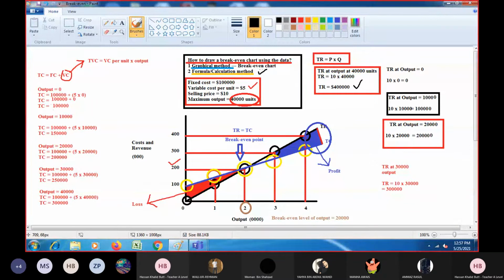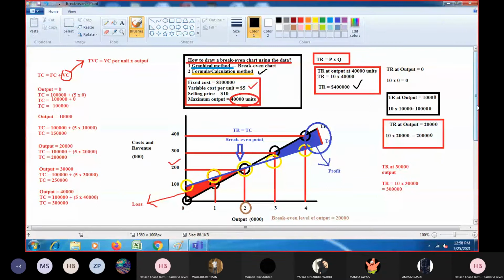Whenever they ask you to draw a break-even chart to find out the break-even level of output, it is always recommended that you use this formula method to verify whether your break-even chart is correct or not. So let's now find out the break-even level of output using the calculation method, but using the same data.